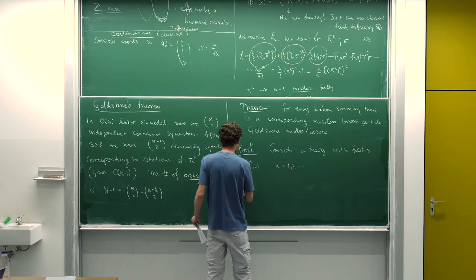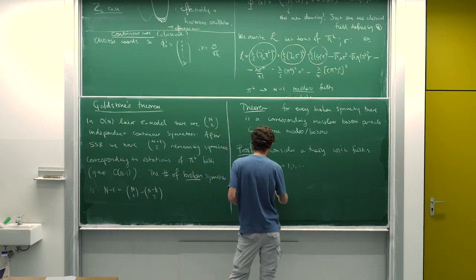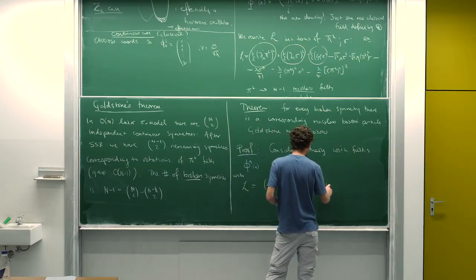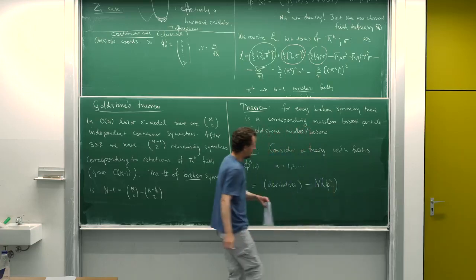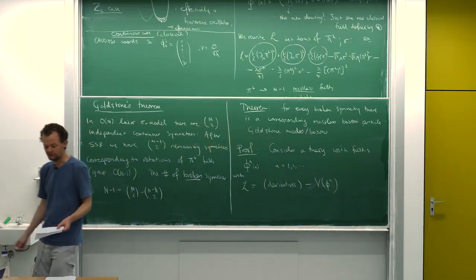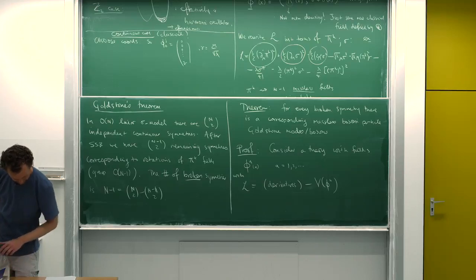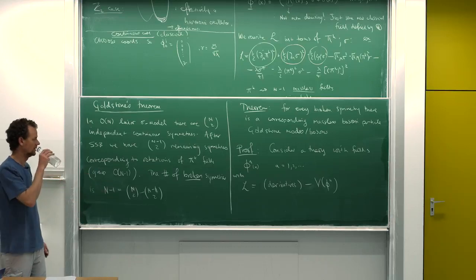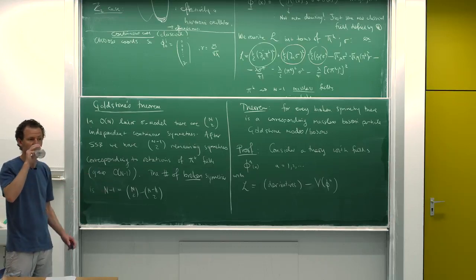And this theory, we're going to keep it pretty general. We're going to allow any theory whose Lagrangian has the form of some derivatives minus some potential of those fields.